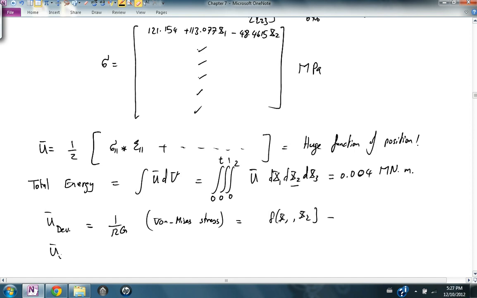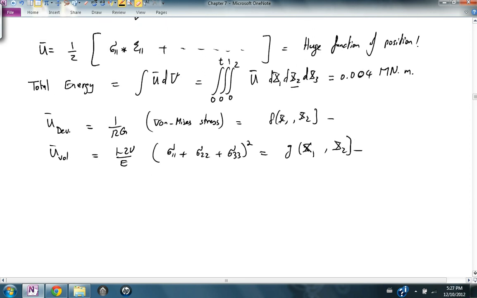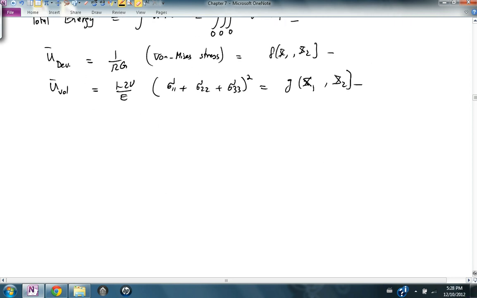And the volumetric strain energy will be equal to (1 minus 2 nu) over E multiplied by (sigma 1 plus sigma 2 plus sigma 3) squared, which will be another function of the position. And you can plot these functions as I will show you in the Mathematica tutorial that will follow this chapter.